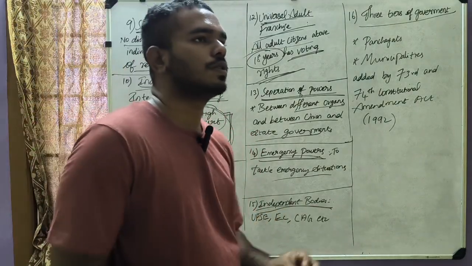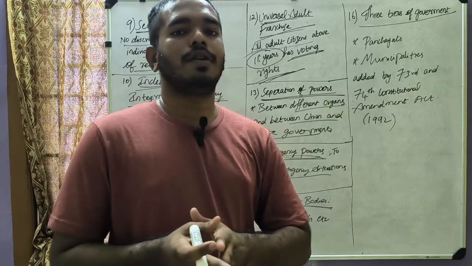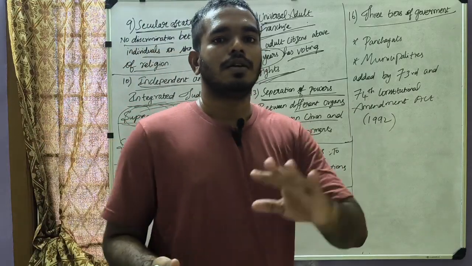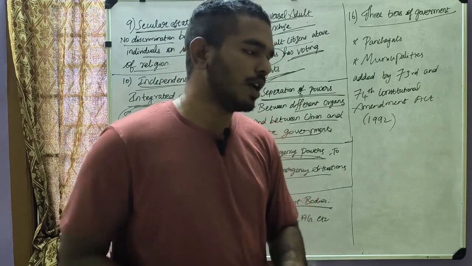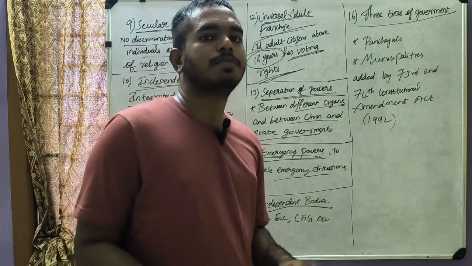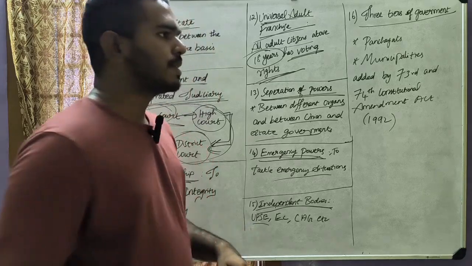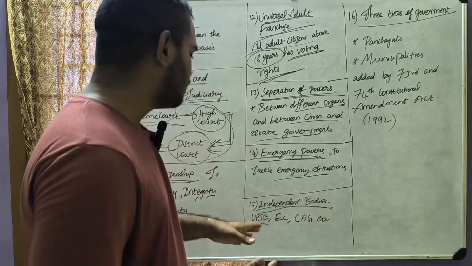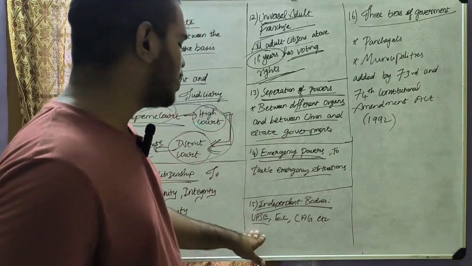Next, independent bodies. There are different organs in the government like the union government, state government, judiciary, executive organ, and legislative organ. There are also independent bodies in the Indian constitution, such as the UPSC. They are not functioning under any organ of the government. They are functioning independently.